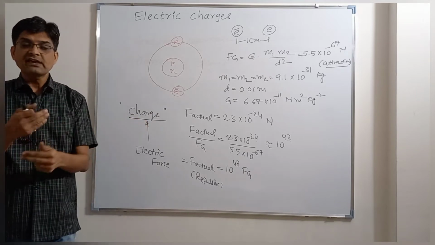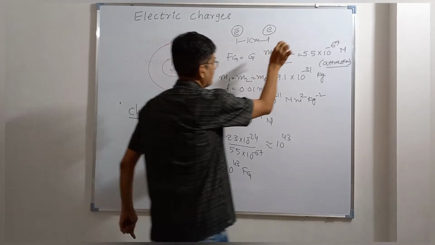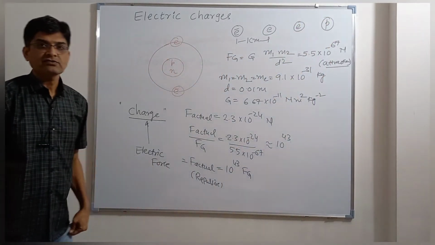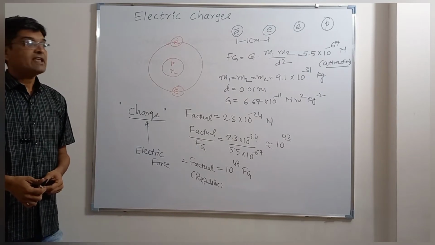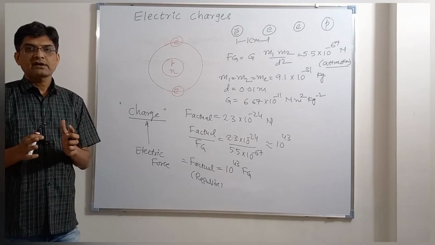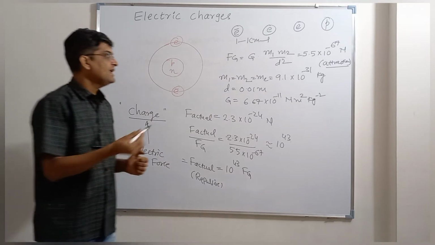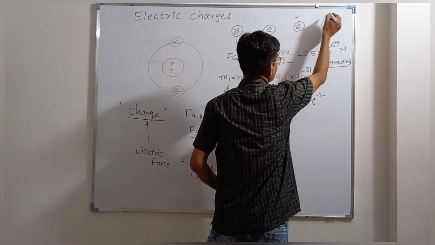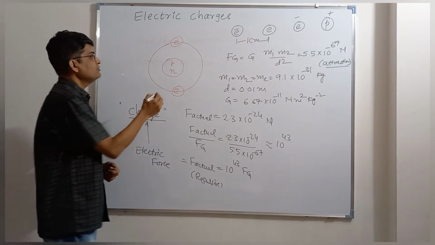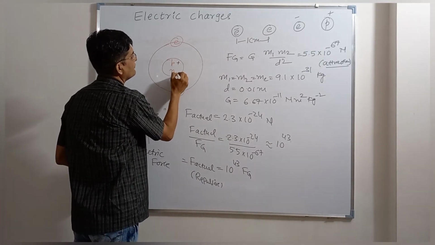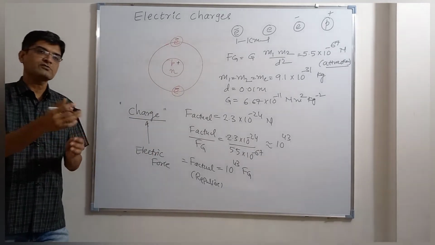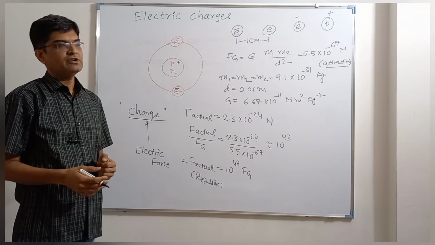And there are other cases where you have a force of attraction, between proton and electron. That was also experienced, and it was of the same order, so nomenclature was given. Let us say electrons are negative, protons have positive charge, and neutrons have no charge. Why neutrons have no charge, we will also learn in a short video, but not now.